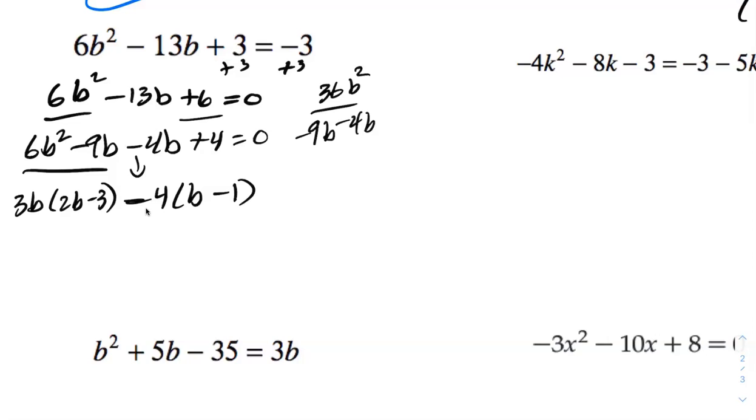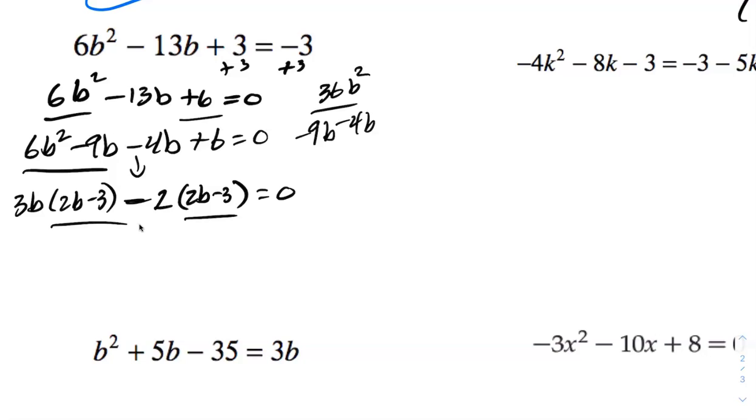I copied this down wrong. Sorry. That's supposed to be a 6, not a 4. I don't know what I was thinking. Anyway, same idea though. These have a 2 in common, not a 4. Sorry about that. -4b divided by -2 is 2b. 6 divided by -2 is -3.